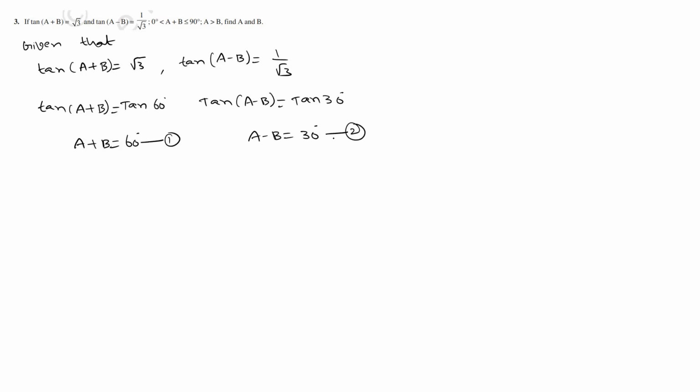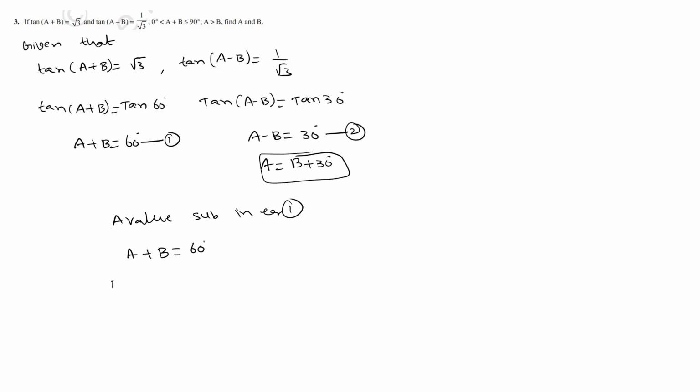Now here by equation 2, what we can write is, A is nothing but, sending minus B that side, B plus 30 degrees. Okay. So this A value we substitute in equation 1 here. So what you will get here, A is nothing but B plus 30. So here we already got A plus B is equal to 60 degrees.